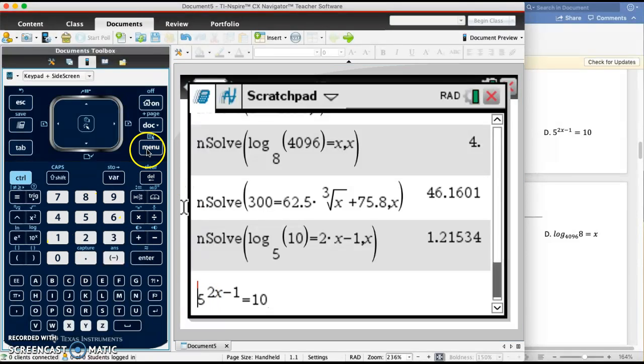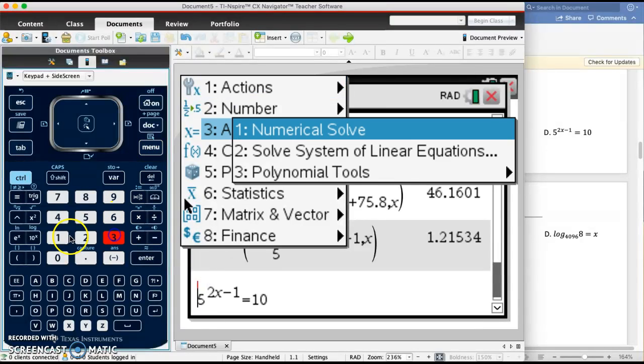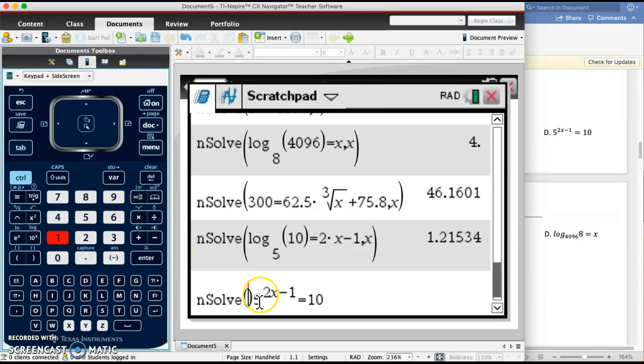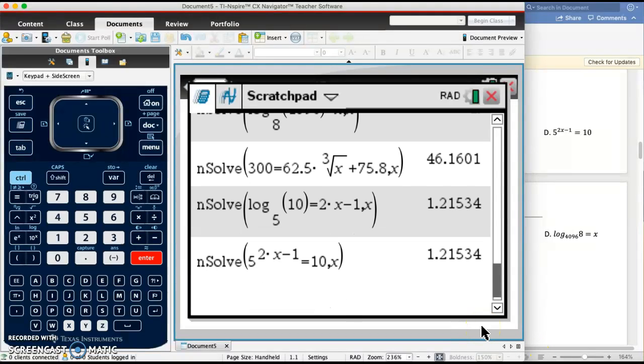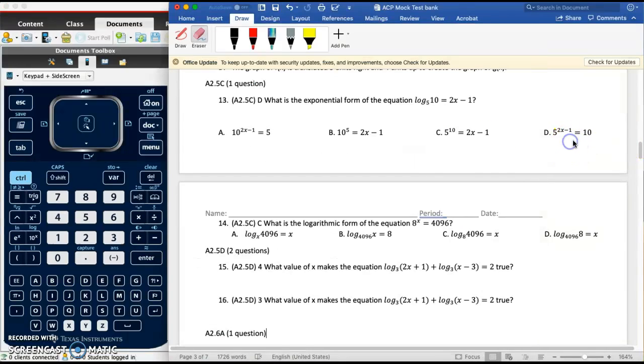So I go menu, menu, 3, 1. That gets me to en-solve. And then we go comma x at the end. That should give me the same exact answer. If it gives me the same exact answer, that is my answer. So that's why D is the best answer for this. D.